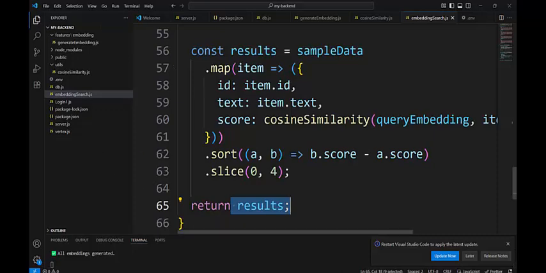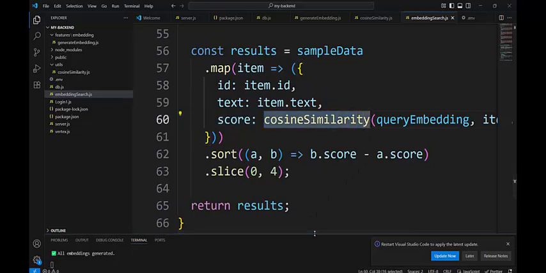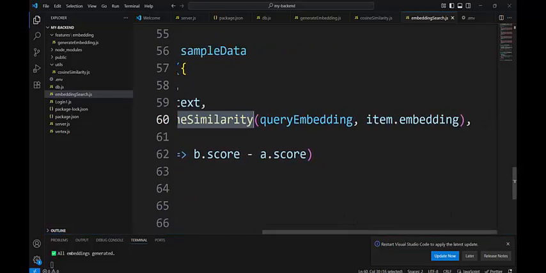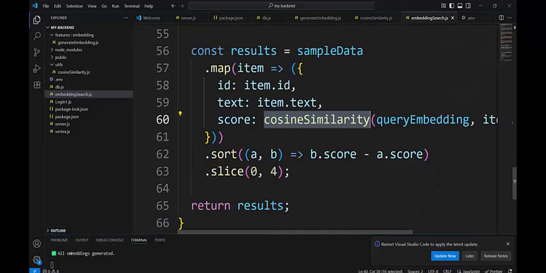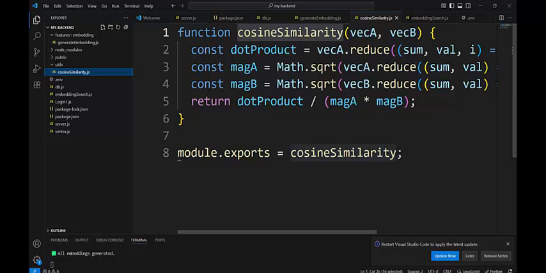Here is the interesting cosine similarity. That function will compare the query embedding and every embedding of data. We can find it in utilities, here it is. Here is cosine similarity.